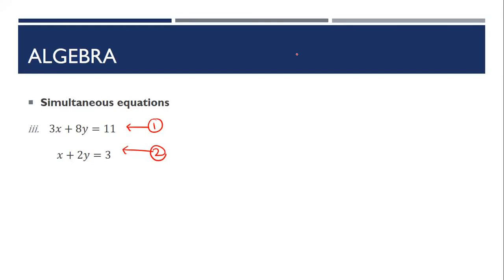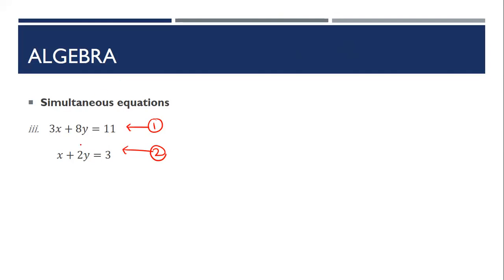Others say it's x is 1, y is 1. So we have different answers. This is the question: the first equation is 3x plus 8y is 11 and the second equation is x plus 2y is 3.